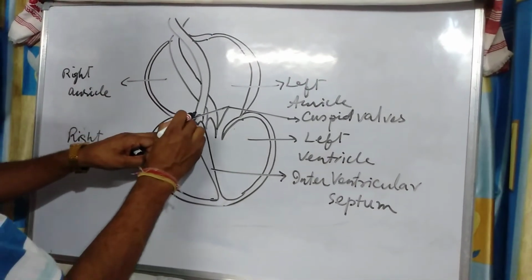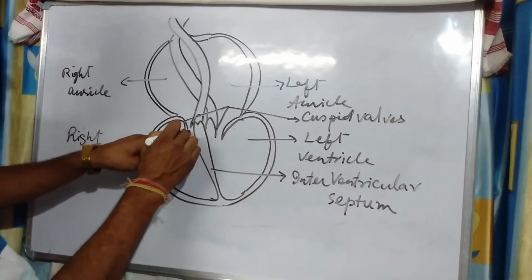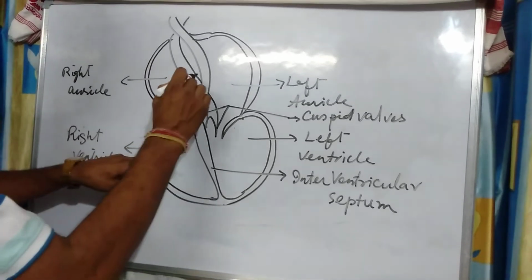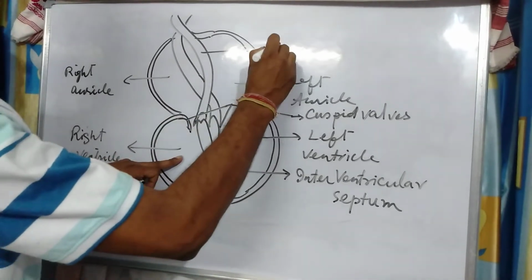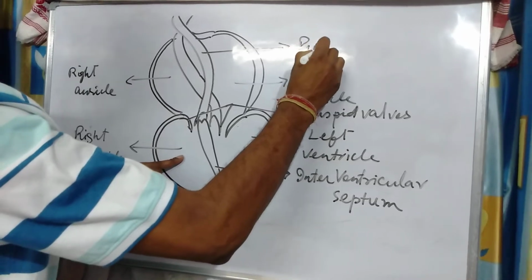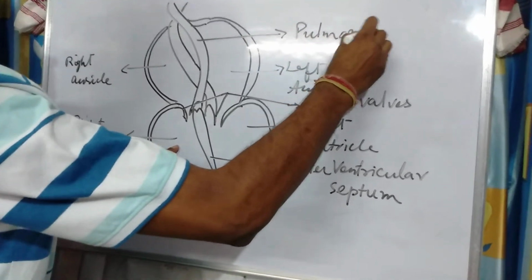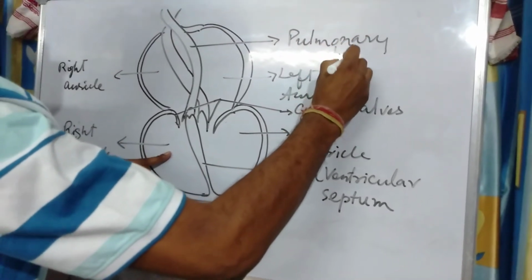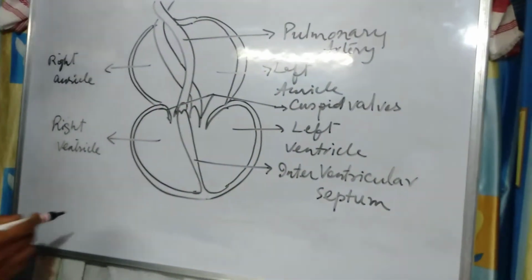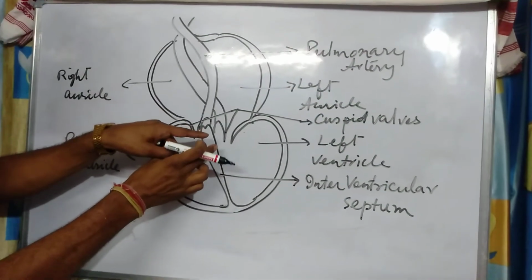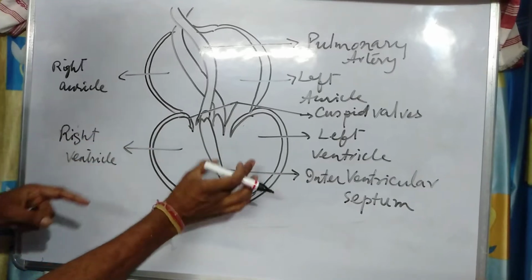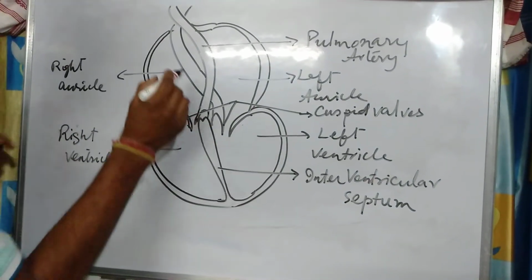This one, which starts from the right ventricle, is called the pulmonary artery. The one which starts from the, this is what? Left ventricle.